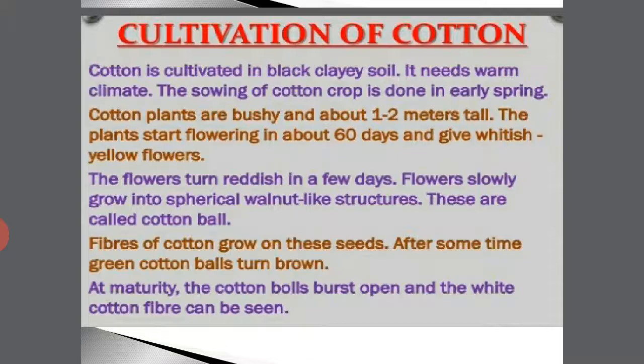After some time, the green cotton balls turn brown. At maturity, the cotton balls burst open and white cotton fiber can be seen, and this white cotton fiber can be plucked by the farmers or workers.